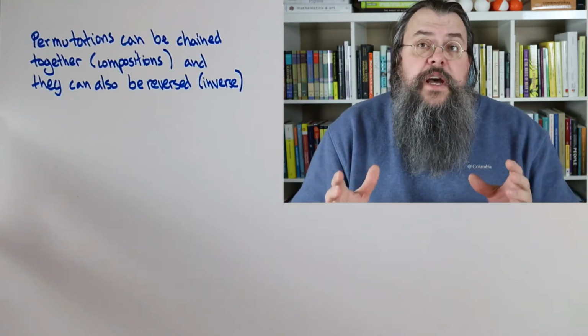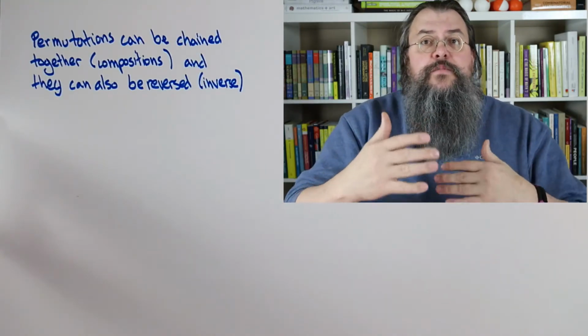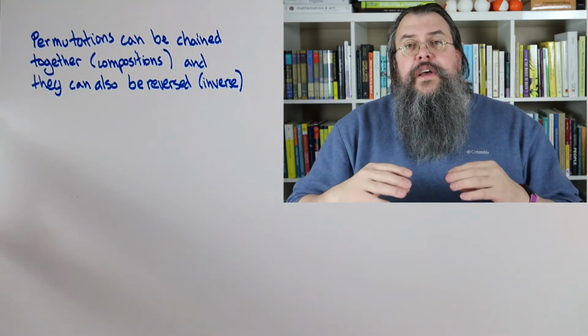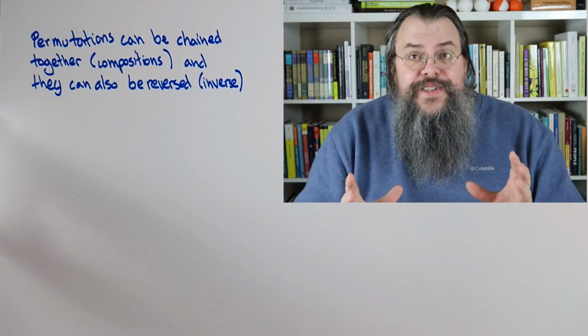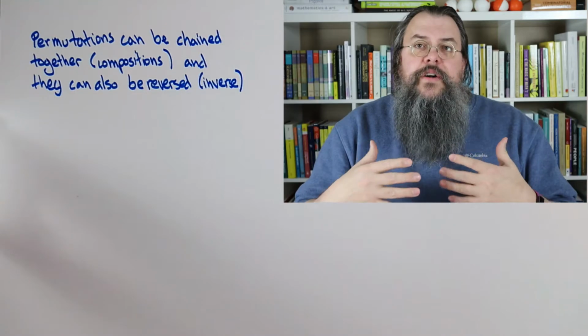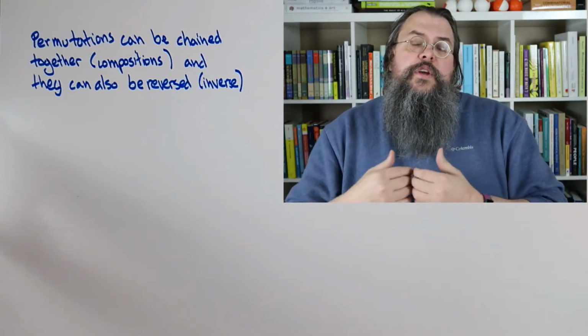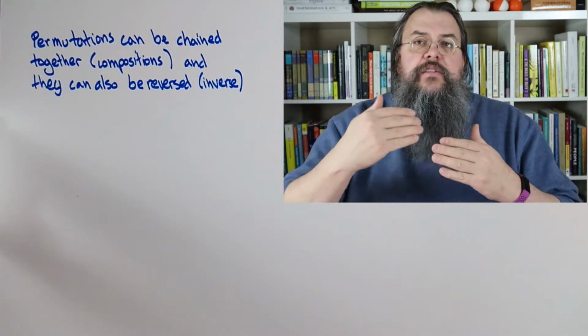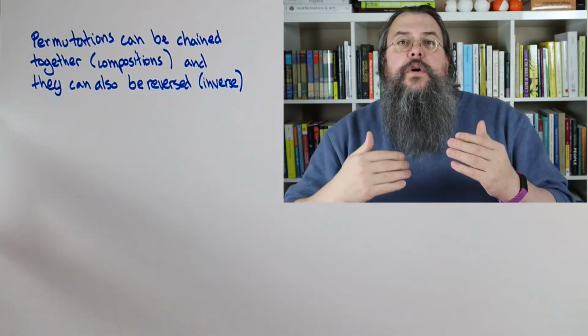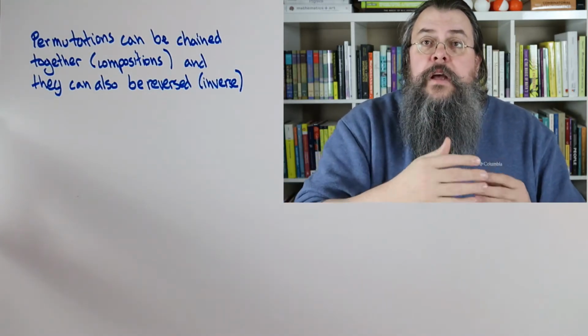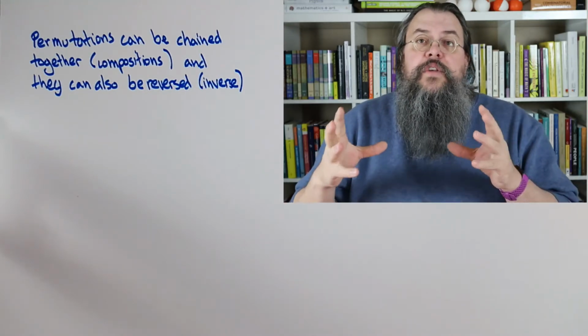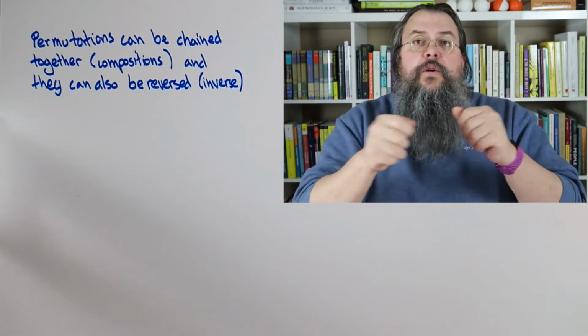Now, the first thing we should practice is just getting comfortable using permutations. And remember, it's a process. So we want to think about some examples here and see what we can do. One thing we can do is take a sequence of permutations one after another. This makes sense, because a permutation just means reorder things.